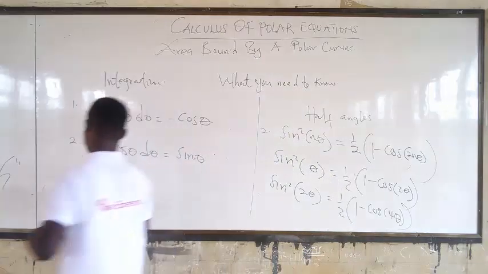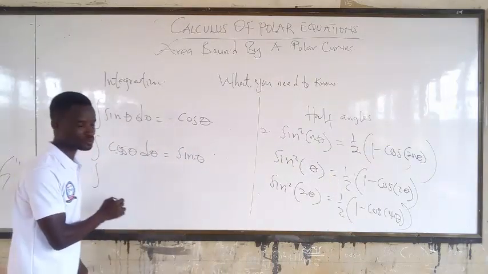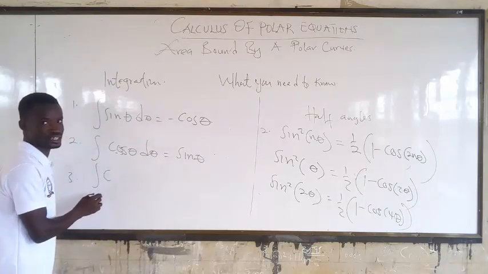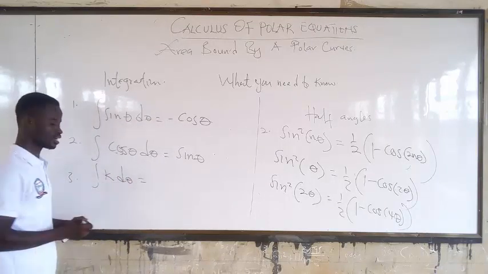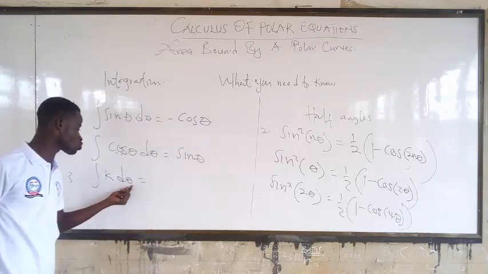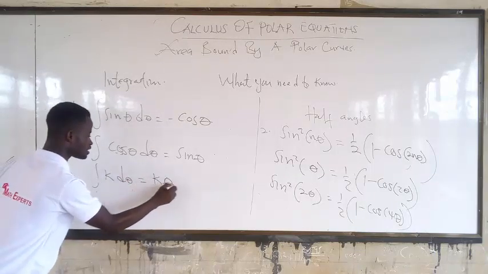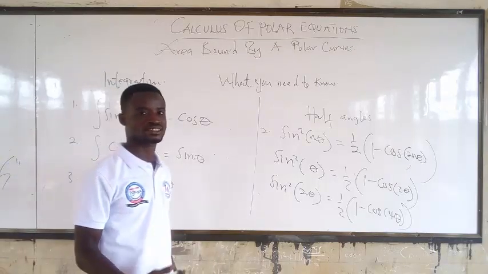Alright. 3. If you integrate a constant, you get what? If you integrate a constant like k d theta, with respect to theta, that means here is going to be k theta. Here, when you integrate, you will not get 0.